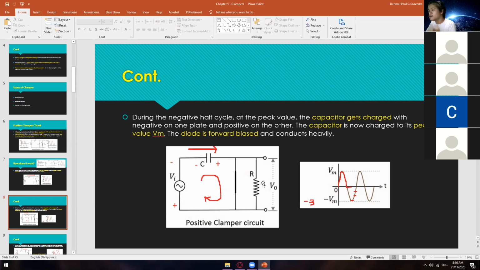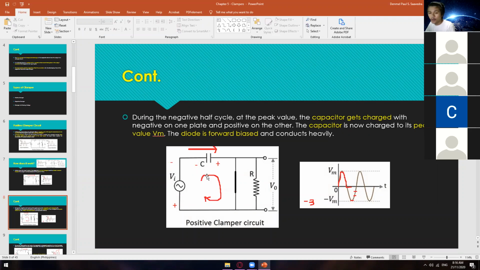It will not pass through our V sub O, because the voltage is wise. It doesn't want to pass through a path where it will get a voltage drop. So of course it will always choose the lesser resistance, and here it will loop on this side.